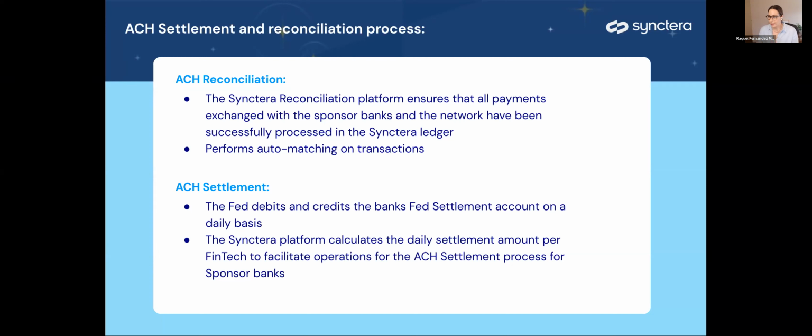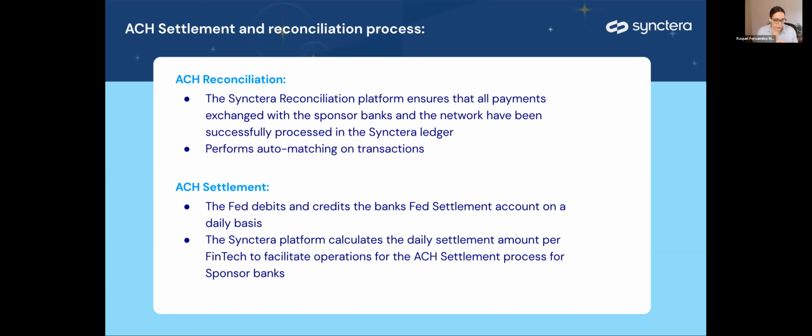What is really important, and is core to the operational process for ACH, is the ability to reconcile all the ACH payments that are sent to networks and sent to banks. What we do in Synctera is we have a reconciliation platform that ensures that all payments exchanged with the sponsor banks and the networks have been successfully processed in the Synctera ledger.